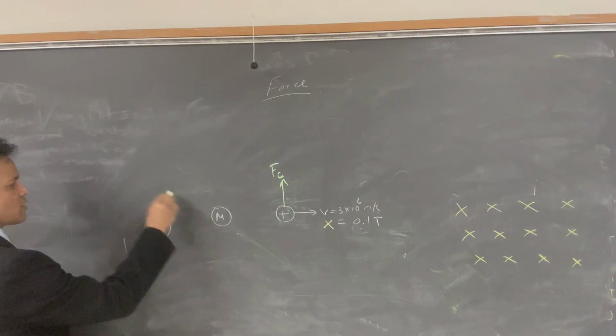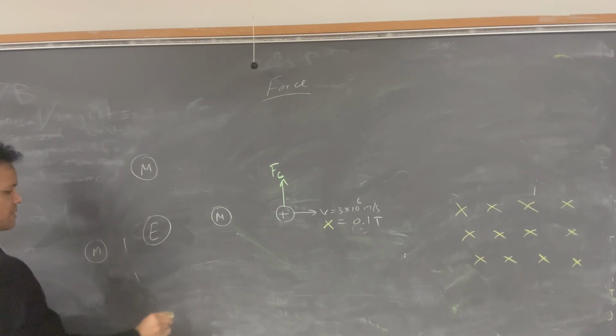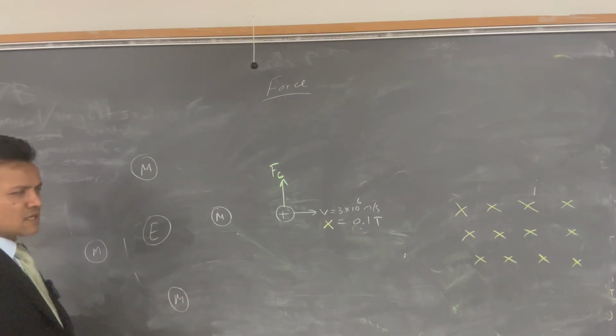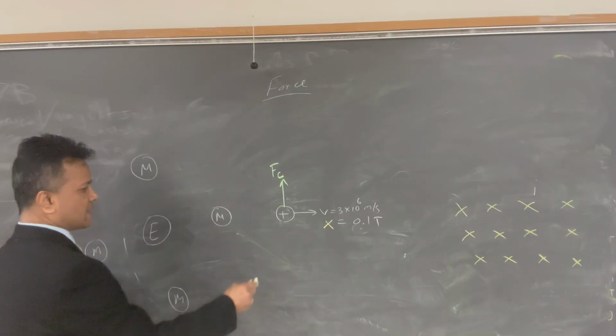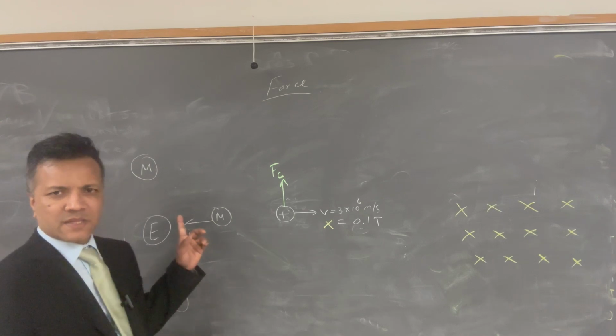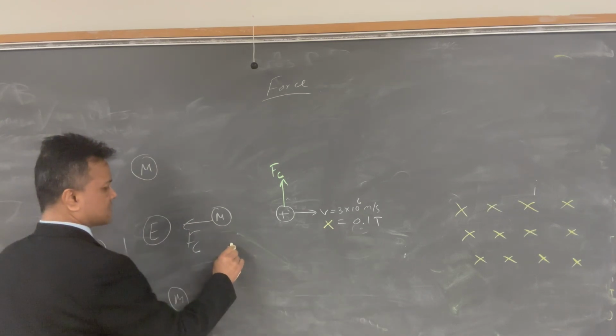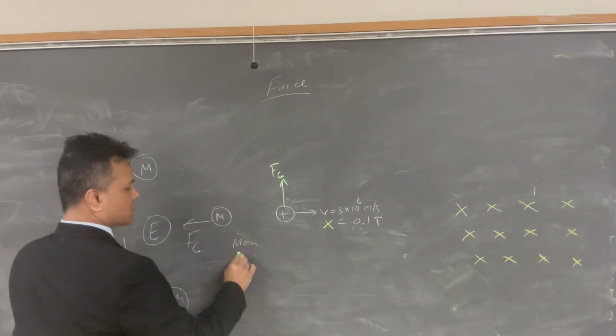At some time, Moon is going to be here. At some other time, Moon is going to be here. It's not going to move in a straight line because there is something called centripetal force. This tells us that Moon belongs to me.